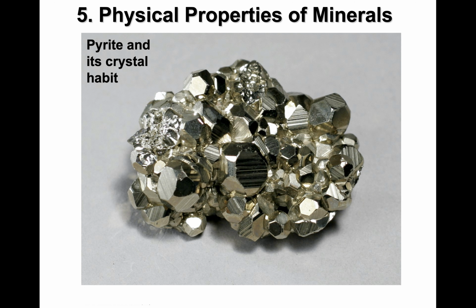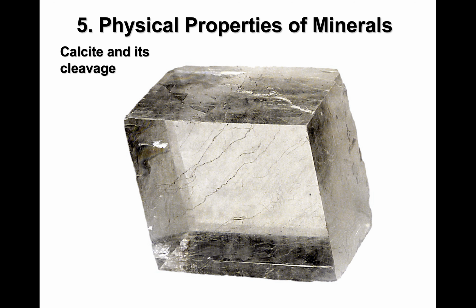Then, for example, we have pyrite, and here the pyrite shows a very nice crystal habit, which you can see everywhere in the shape of the crystals. Then we have a very nice example of cleavage: calcite has a very nice cleavage.